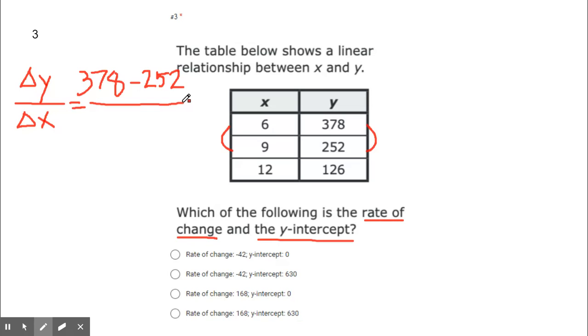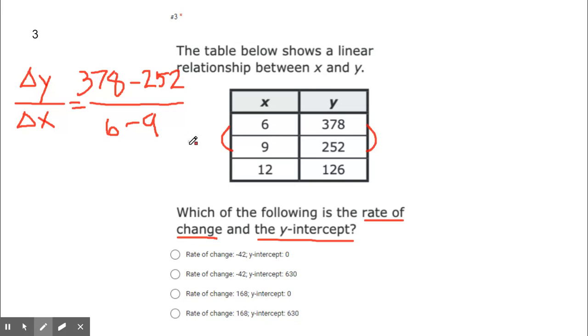Well, x went from 6 to 9. And you see how 378 and 6, they are paired together on this table. I've got to keep my x's and y's paired and ordered the same way as they are together on the table. So the 6 goes with 378 over 6. 252 is paired with the 9, so 252 goes over the 9.